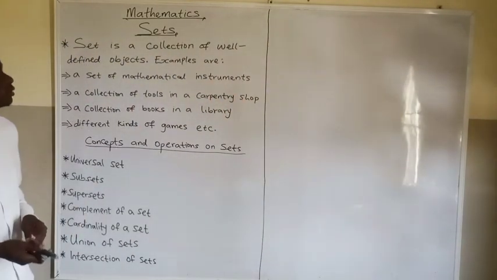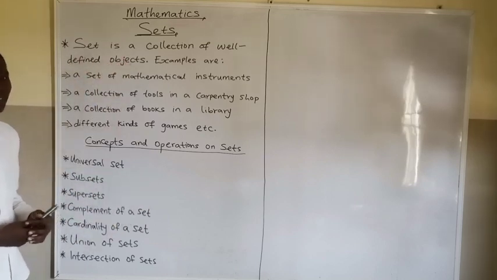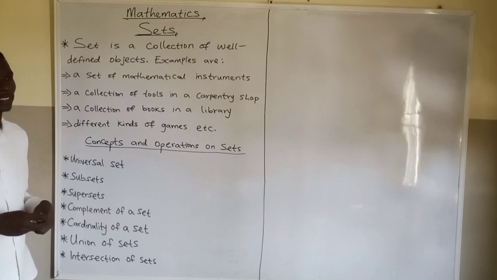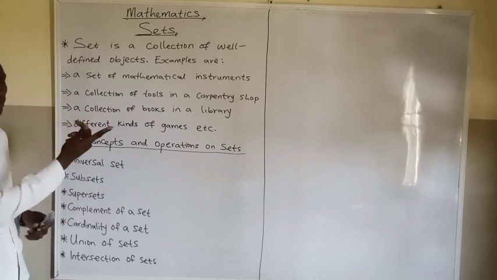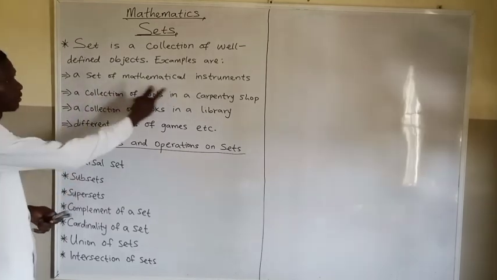All right, so we'll start with: a set is a collection of well-defined objects. I won't be saying much about that, but from the examples, I think we'll be able to get some things. So the examples are a set of mathematical instruments.